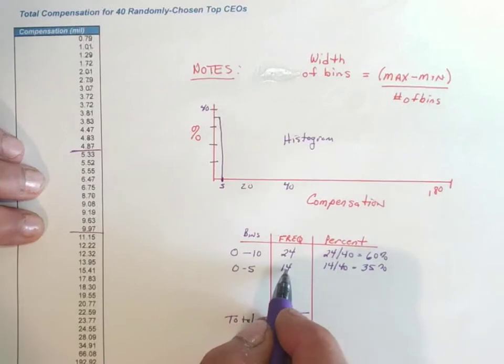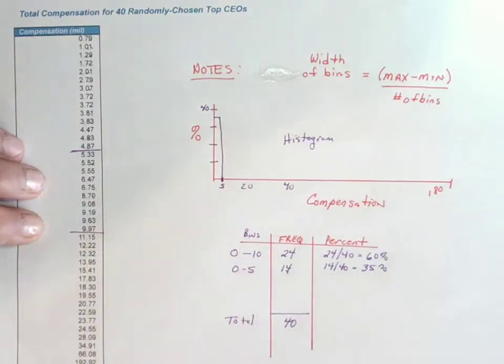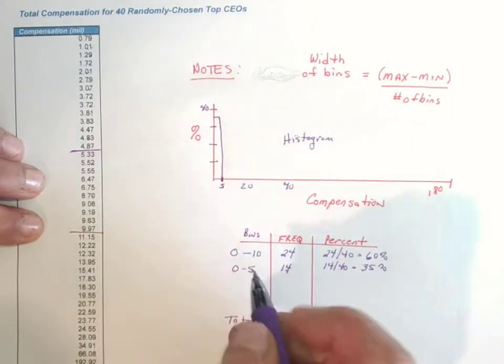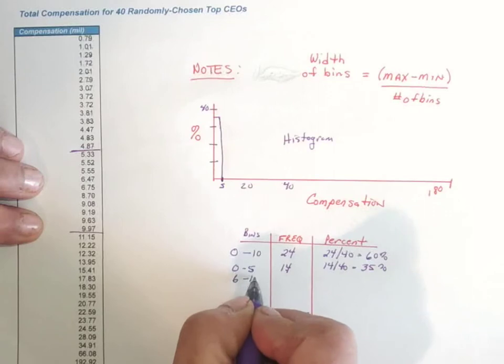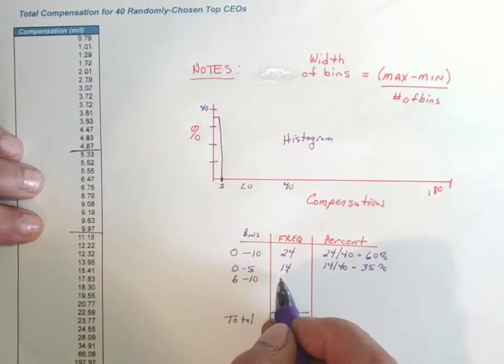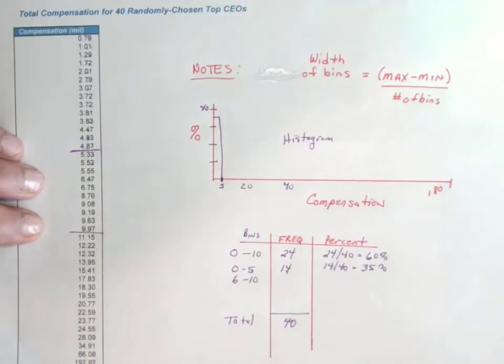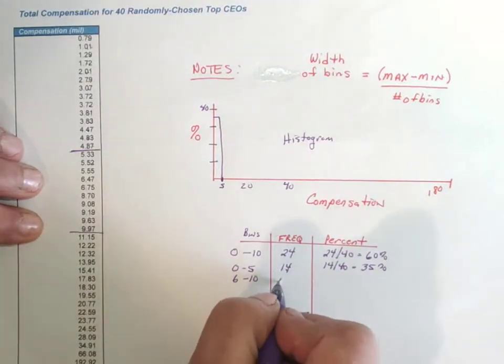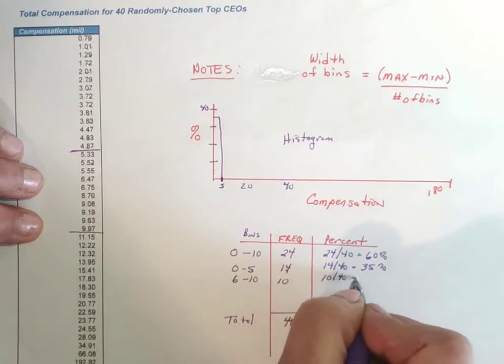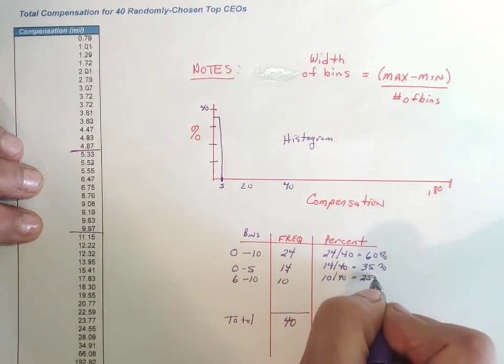The next grouping, 14. So if there were 14 that were from 0 to 5, then from 6 to 10, there's going to be 10. 10 divided by 40 is equal to 25%.